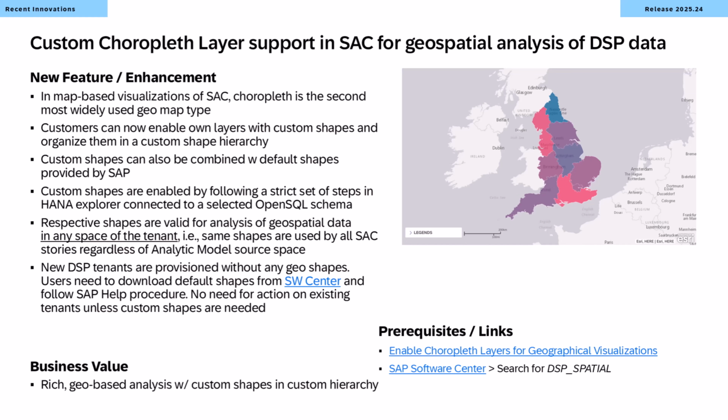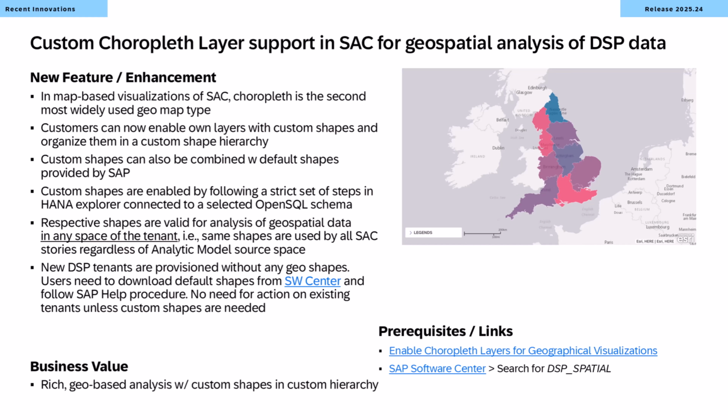Okay. And now customers can enable their own layers with custom shapes and organize them in a custom shape hierarchy as well. These can also be combined with default shapes provided by SAP. These shapes are enabled by following a set of steps in HANA Explorer. We have to connect to the HANA DB Explorer using the OpenSQL schema and follow these steps.